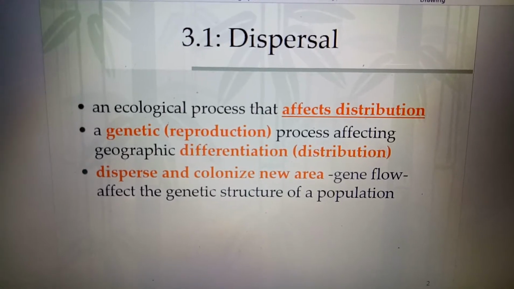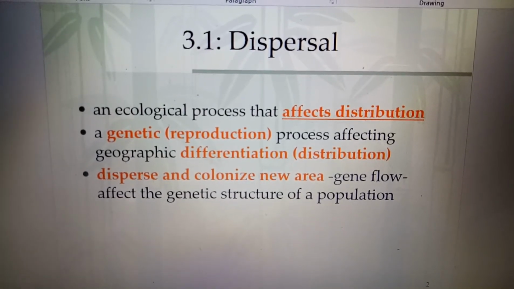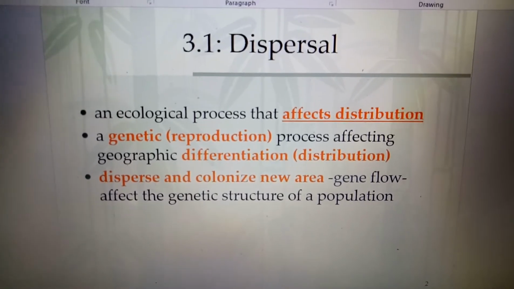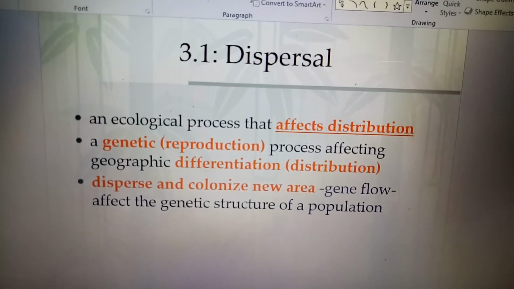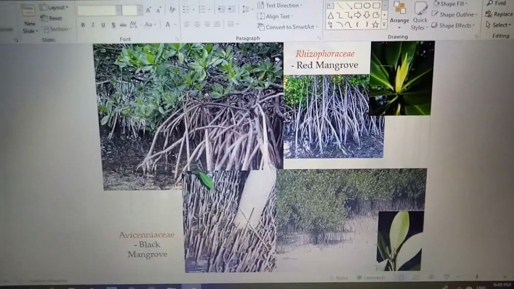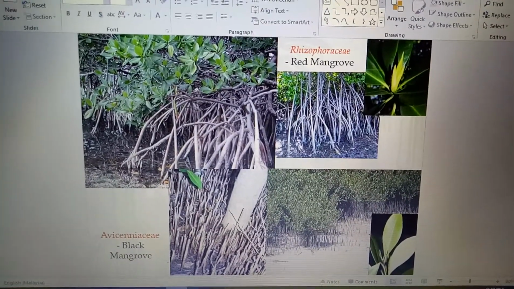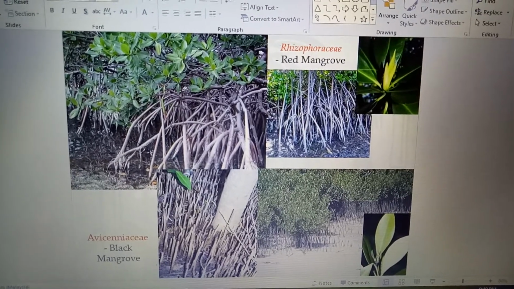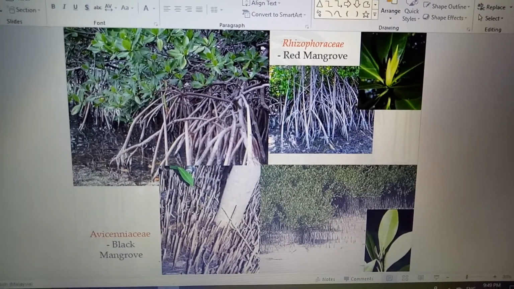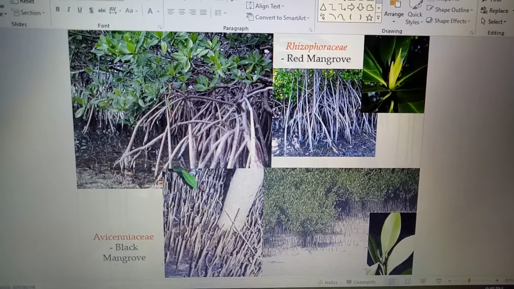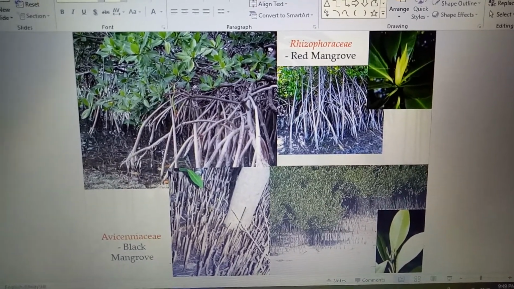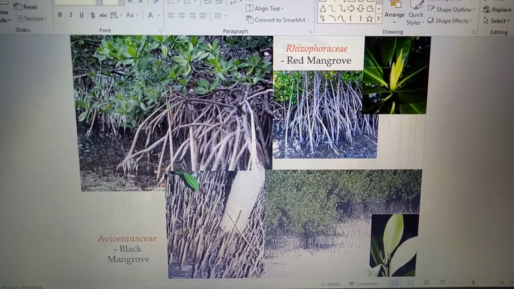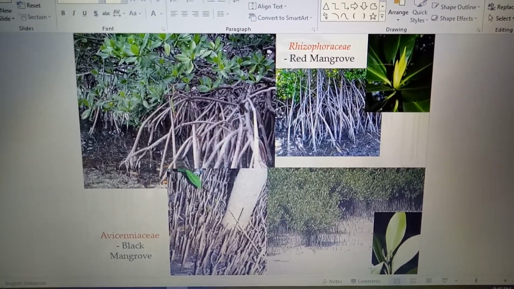Dispersal and colonizing new areas involve gene flow, which affects the genetic structure of the population. As you can see here, they are under the same mangrove type, but the colour is different. The upper one is red mangrove, whereas the one below is black mangrove. They are the same type, but the location and the genetics are different.